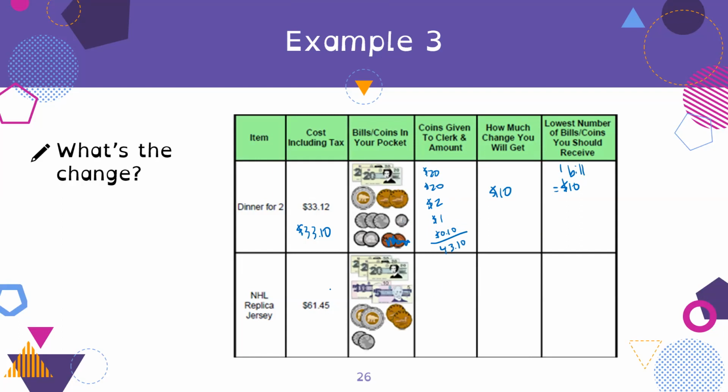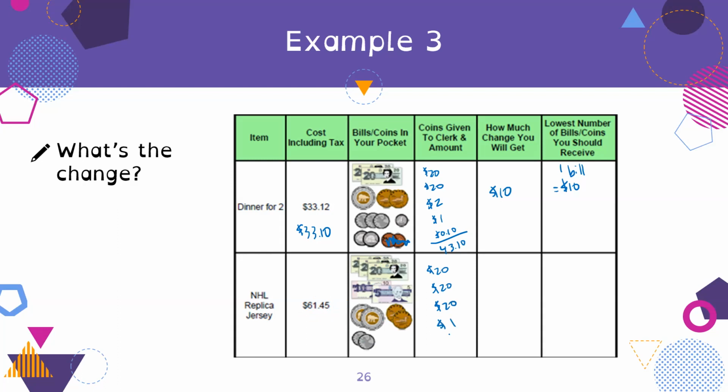And the same idea if you were to do the same thing with this jersey, $61.45. That's not going to change because it's closest to the nearest 5. So again, we've got 3 20s, so that's $60. And we have a loonie, so that's $61.